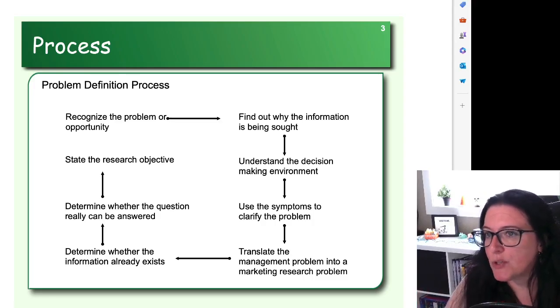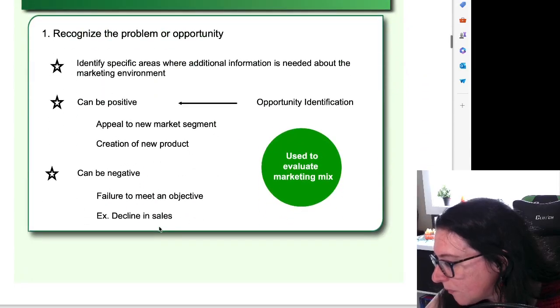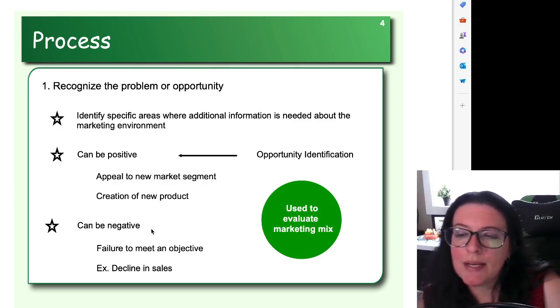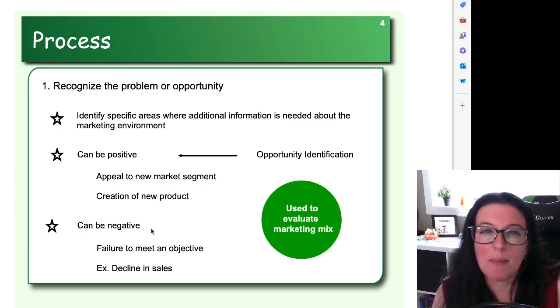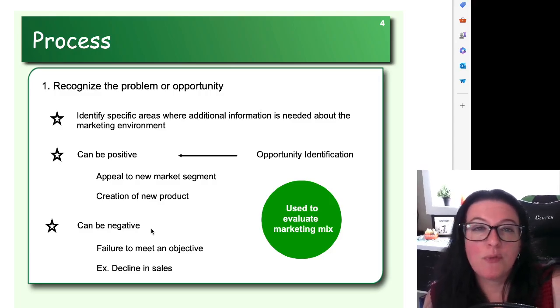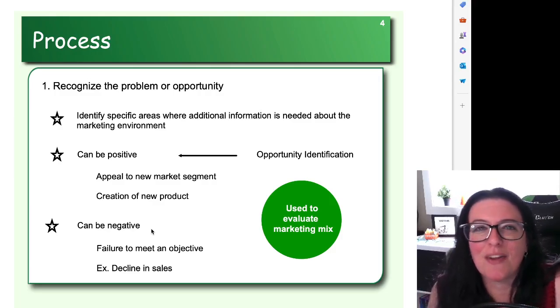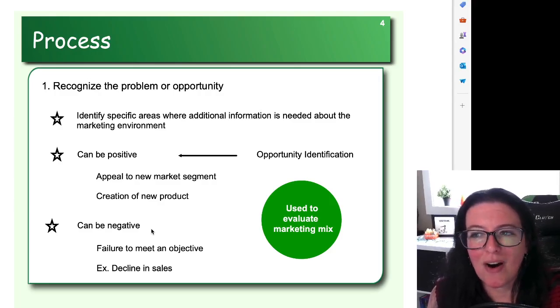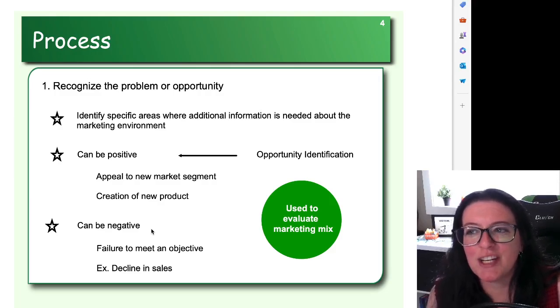Let's start by first recognizing the problem or the opportunity. So in marketing research, we need to identify the specific area where additional information is needed about the marketing environment. If it's not marketing research, if we're doing operations research, or research for other purposes for our nonprofit, for our organization, again, we're just identifying specific areas where additional information is needed.